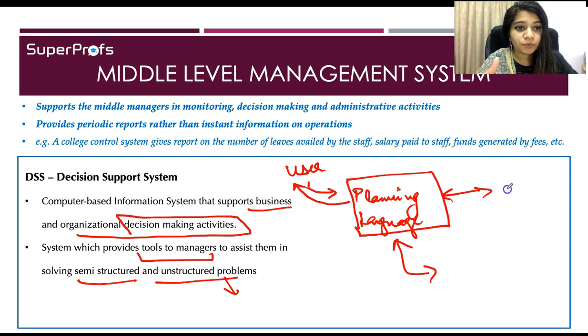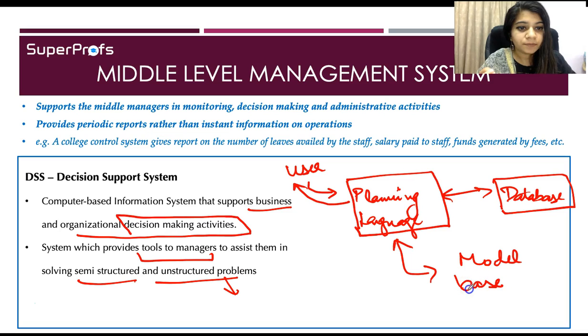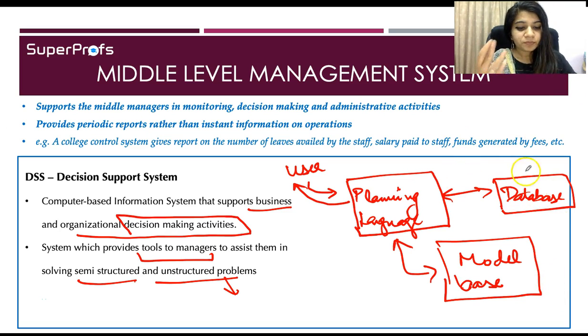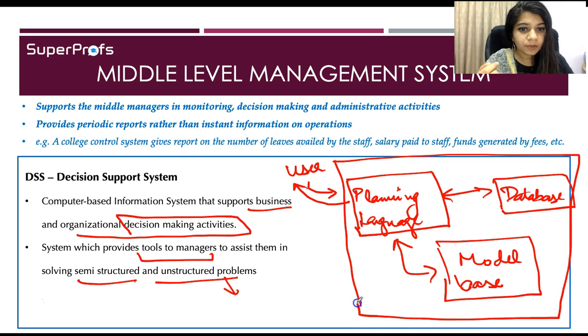The first one is your user database, and the second one is the model base. And this complete system is your DSS.